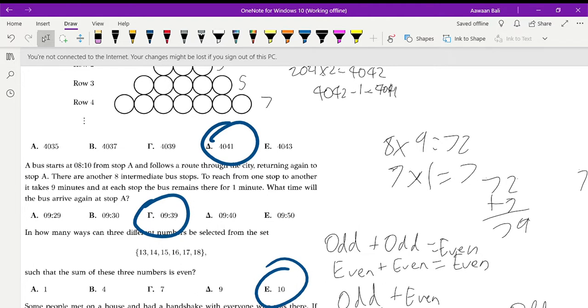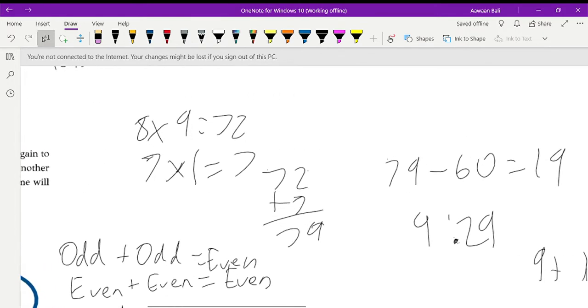So 72 minutes. And they only have to pause at 7 bus stops, since we're only saying what if the last stop was the 8th one there. So we can say 7 times 1 is 7, 72 plus 7 is 79.